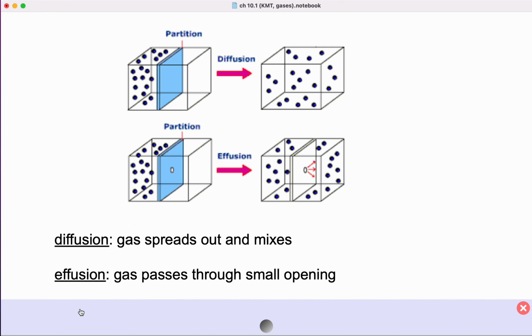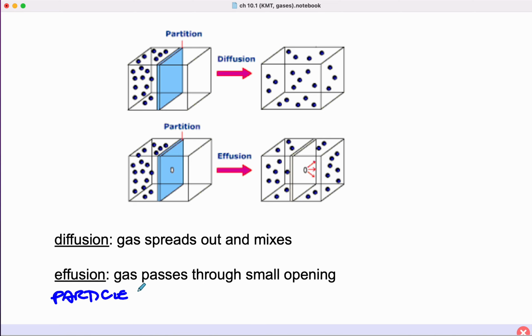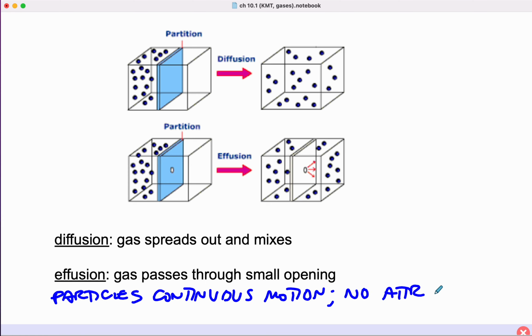But in both cases, these are explained by the parts that say the gas particles are in continuous motion, and also that there are no attractive forces between the particles. Once again, you'll see that these two parts of the kinetic molecular theory explain most of the properties we're talking about, because according to our model, the particles are moving constantly and they are not attracted to one another. They can both diffuse and effuse.